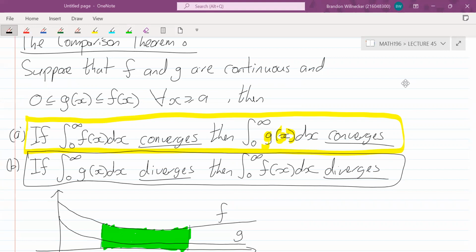So we have our original function f. We need to find a simpler function g that is smaller than it. Okay, if we can find that function and we can show that that one diverges, then the original one also diverges, from the comparison theorem.